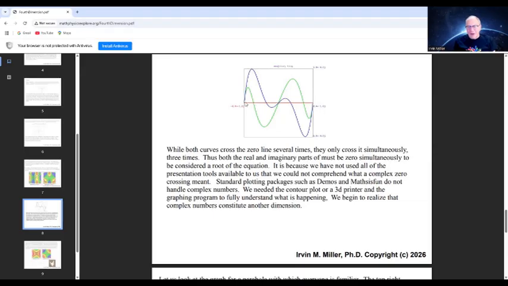But they only cross simultaneously 3 times, right there. So these are the points where the curves cross simultaneously at the 0 point. And when y was 0, that's where those roots came from. These over here was a real root, and these over here were complex roots.